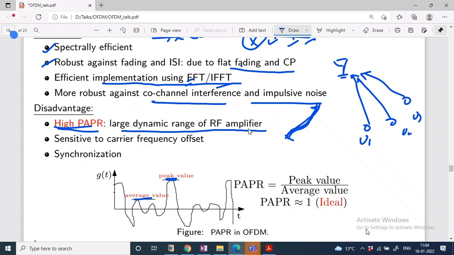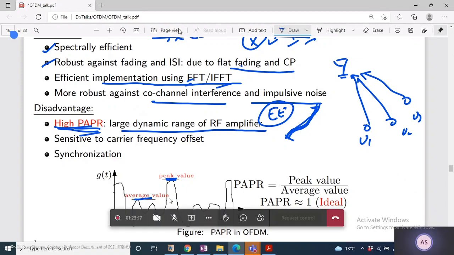That is a drawback. If you don't use an efficient amplifier, the energy efficiency of the wireless system is going to be very low. So if you want high energy efficiency, you have to have low PAPR. Is this clear? What is the disadvantage of PAPR?